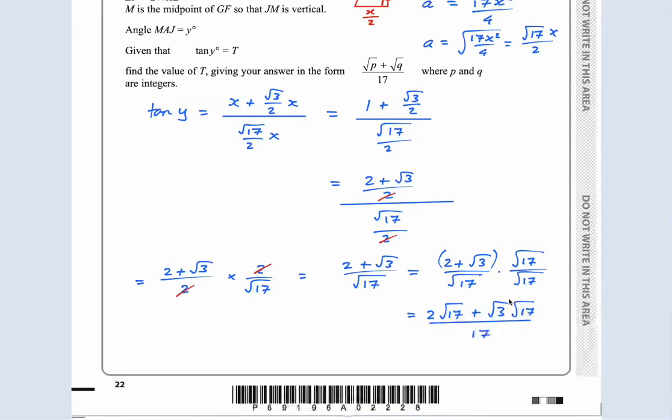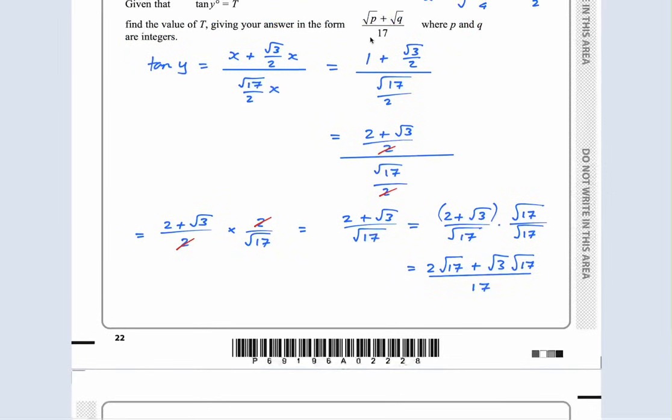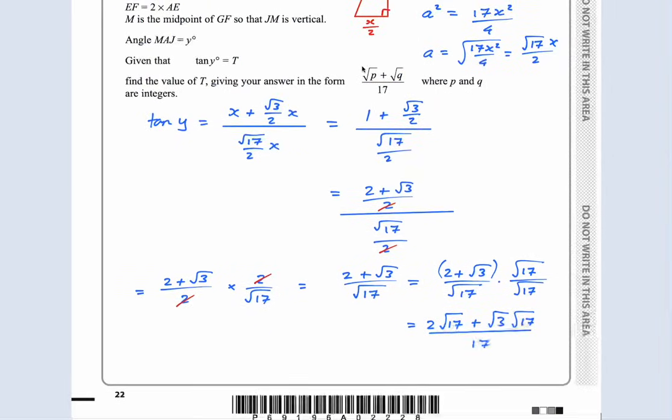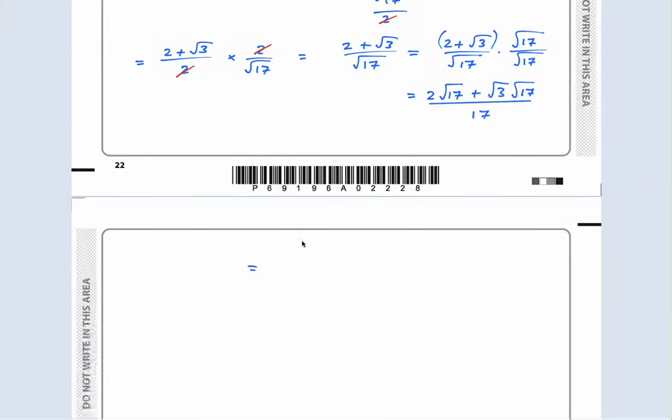And again, guys, you could put it into your calculator at this stage, but I'll just finish it off for you, because he wants it in this form where it's root p plus root q. Now this isn't root p, but the way to turn this into a single root is I can change this into root 4 times root 17 plus root 3 times root 17 all over 17.